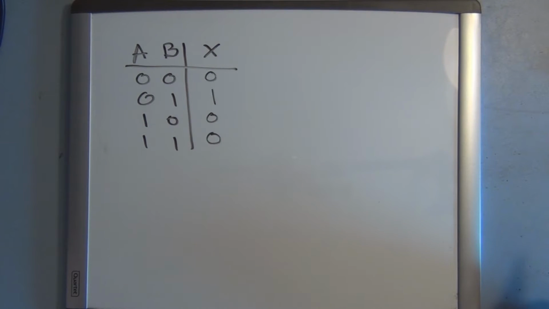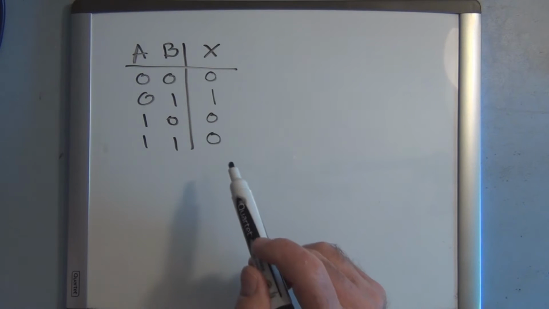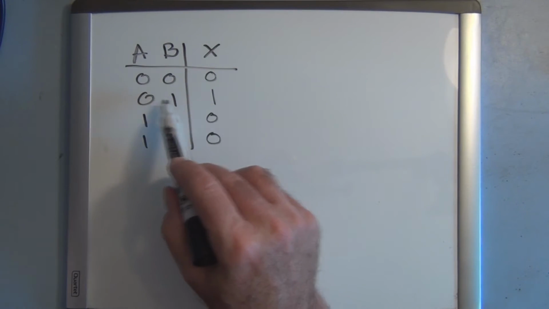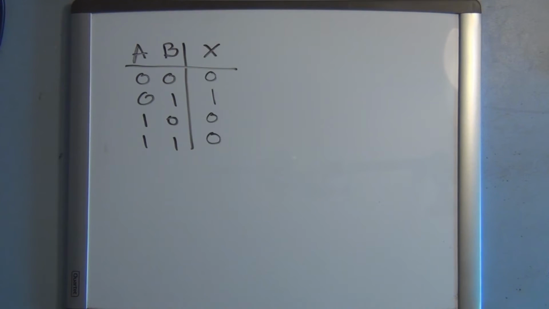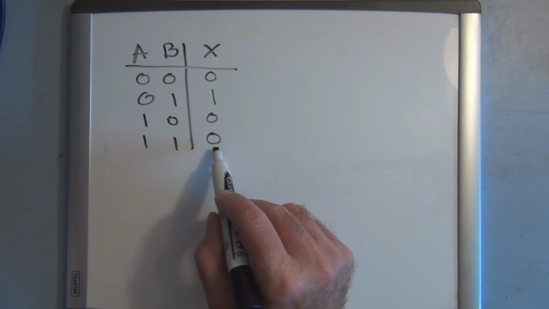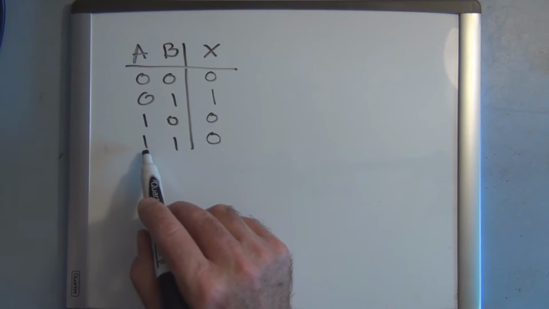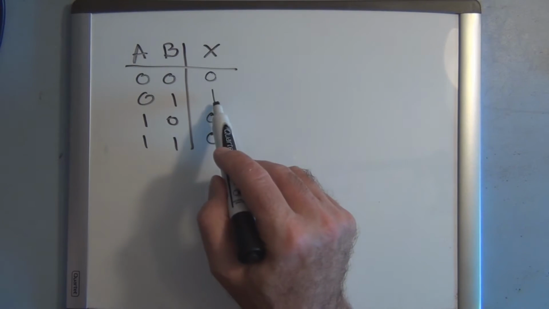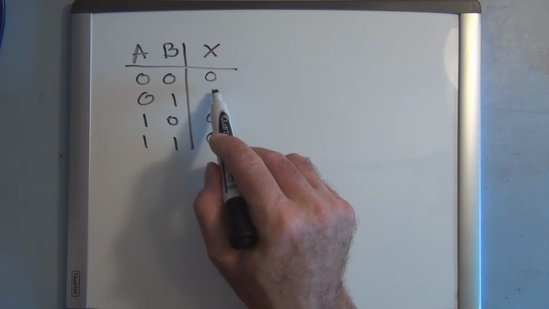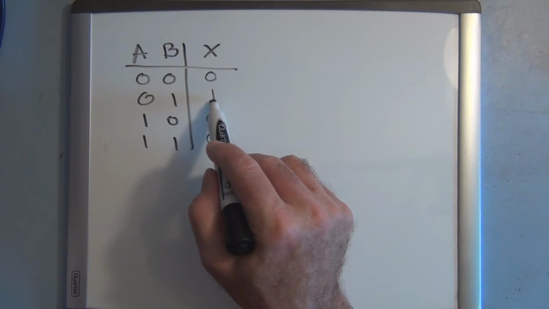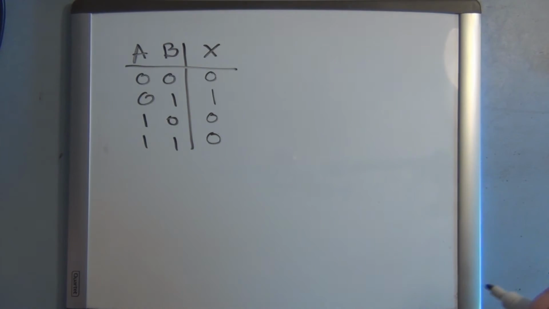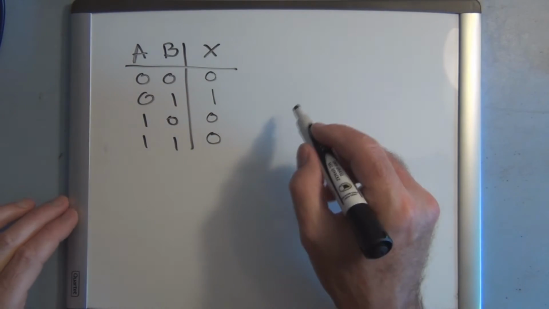How can we get an output to be high for this particular case? An AND gate is high when both inputs are high. So how do we get an output to be high for this case and not for the other cases? Let's look at an AND gate.